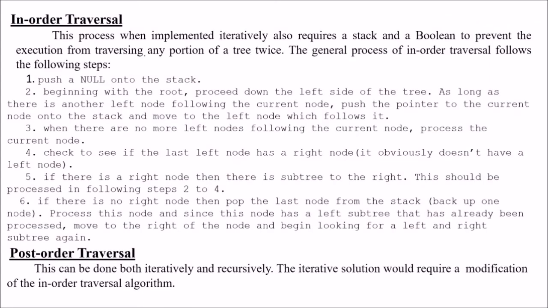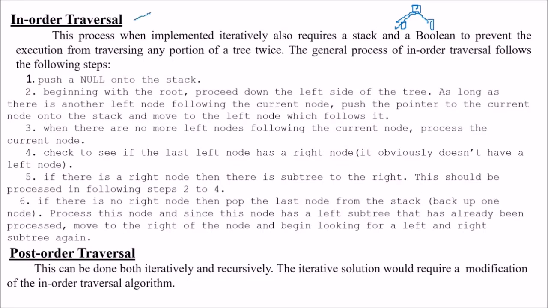This is the same for in-order, and this is how we do the traversal in a binary tree. This is a binary tree, and I'm taking just 3 nodes. There is the pre-order, the in-order, and the post-order. First let me tell you the in-order.